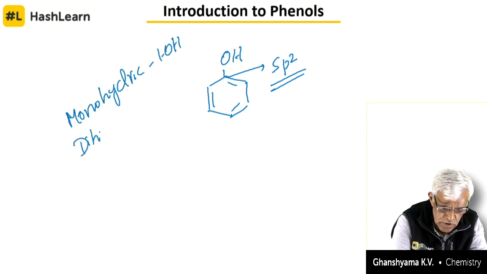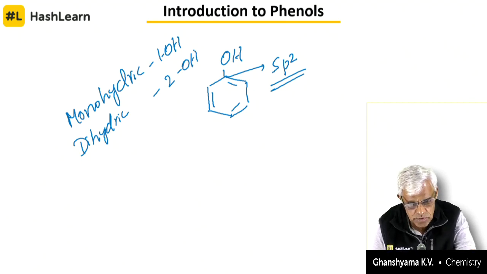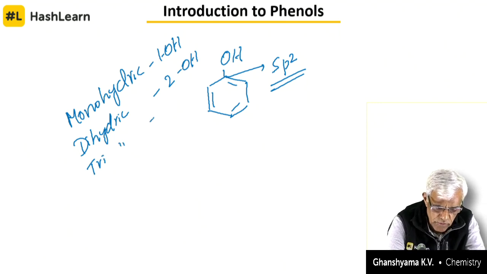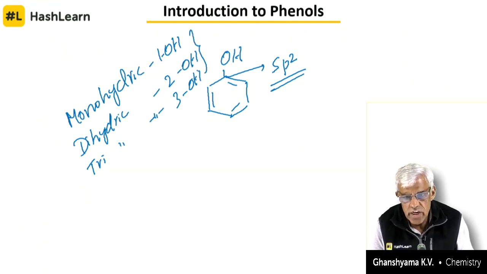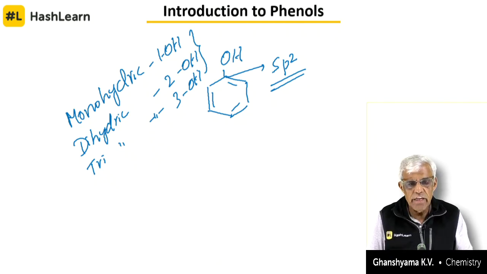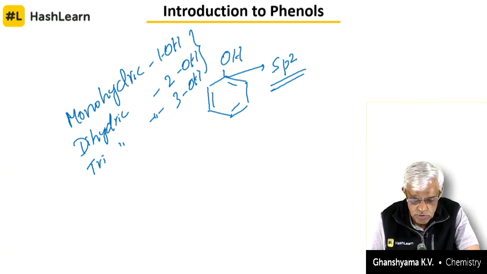Dihydric phenols which contain two OH groups, and then trihydric phenols which contain three OH groups. I do not want to go into the details because you know it better than me. One OH group is monohydric phenol, 2 dihydric phenol, 3 trihydric phenol.